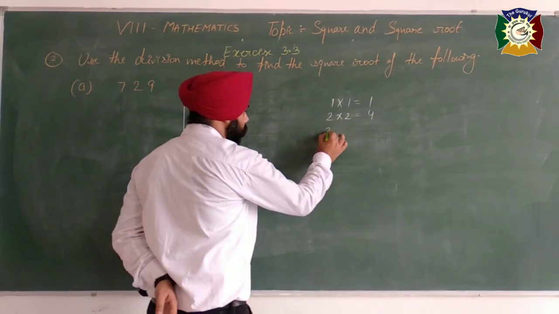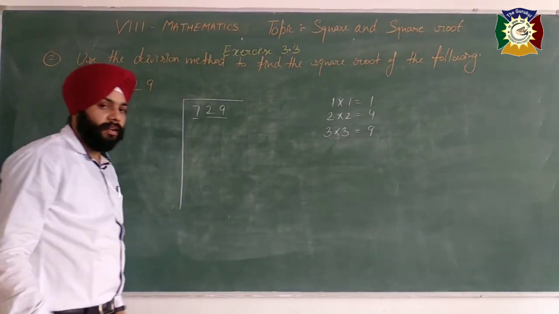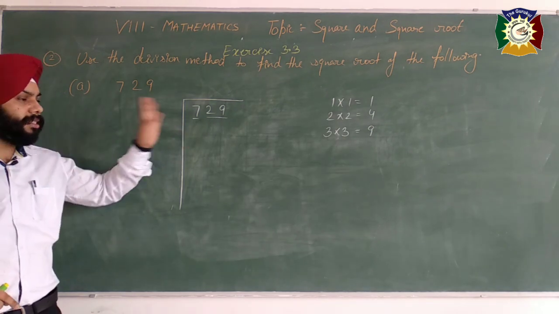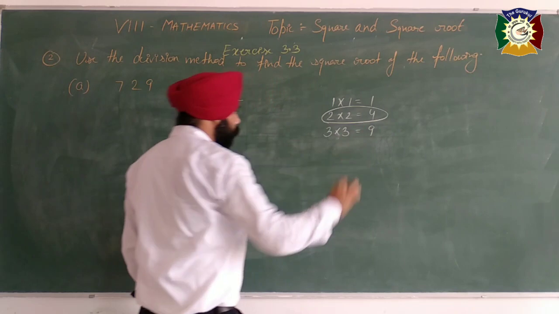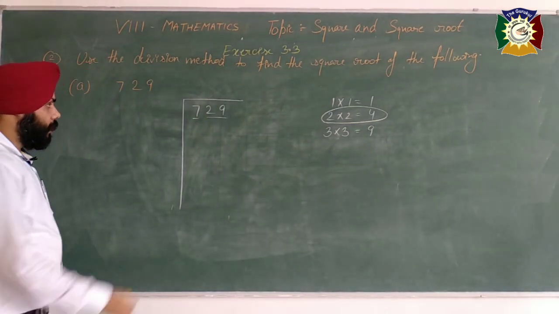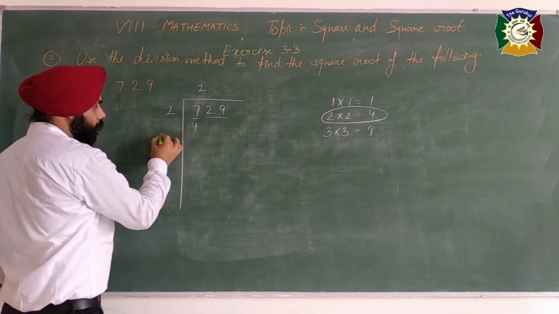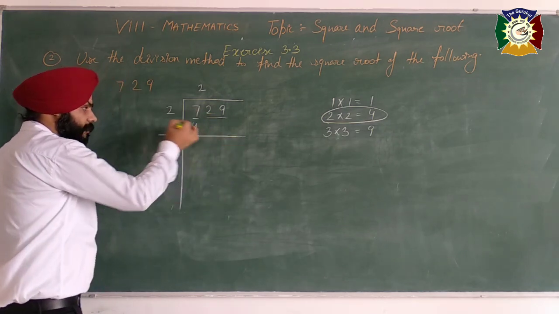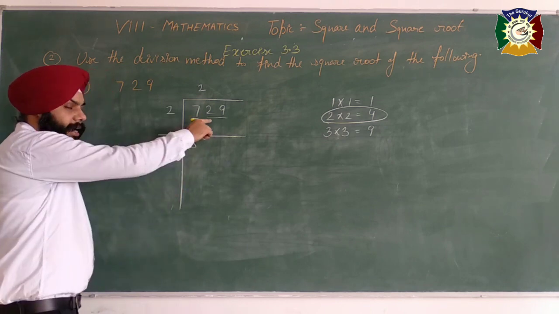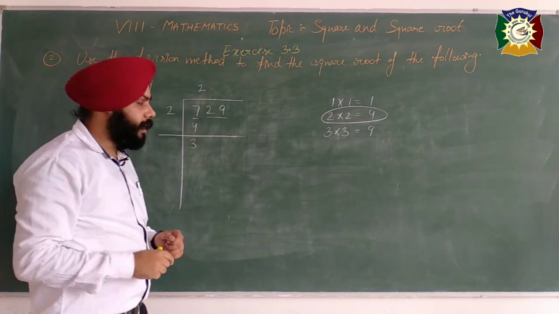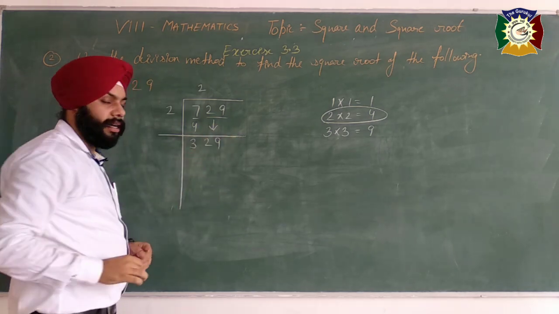So now check 3 into 3, that is 9. But when we take 3 into 3, it becomes greater than 7. So we have to choose only this number, 2 into 2, that is 4 here. So write 2 over here, 2 2s are 4. Now 7 minus 4, subtract, we get 3. And the next step is to carry down the next pair, that is 29 here.